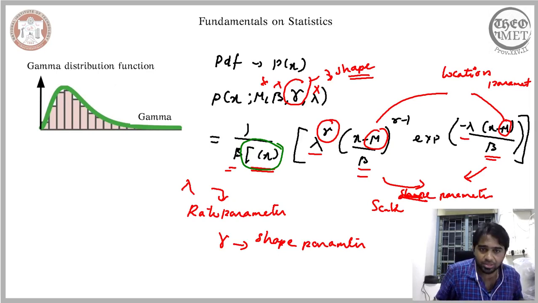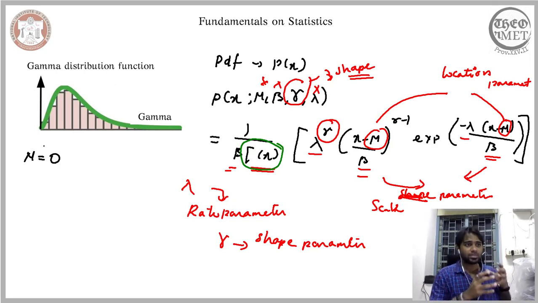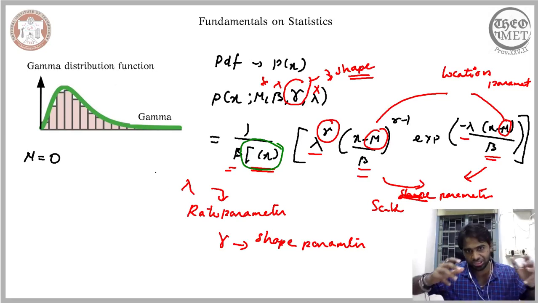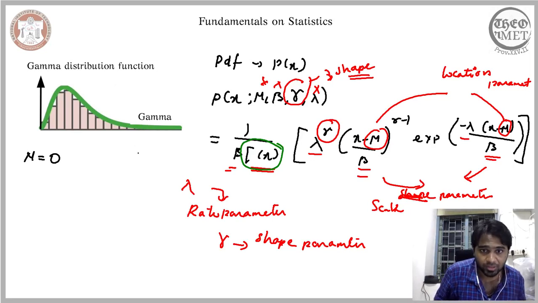Similar to the exponential function, we may make certain approximations, such as assuming that mu, the location parameter, is 0. So the entire trend starts from 0, the least values are close to zero, and we are focusing largely on the positive quadrant.